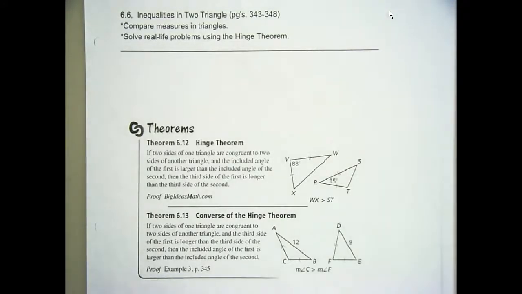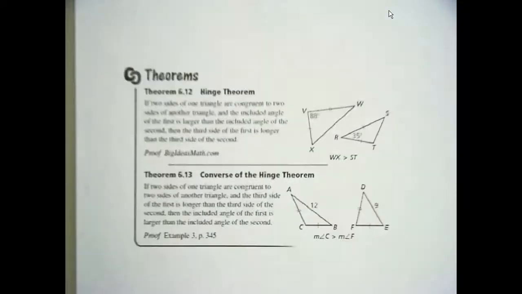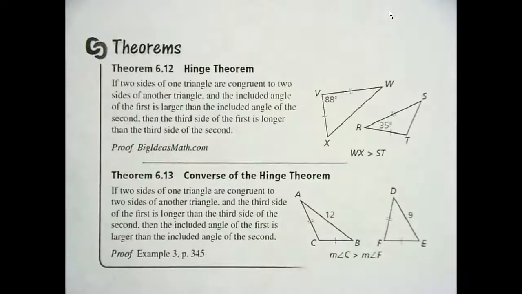But if two sides of one triangle are congruent to two sides of another triangle, and the included angle of the first triangle is larger than the included angle of the second triangle, then the third side of the first triangle is longer than the third side of the second.